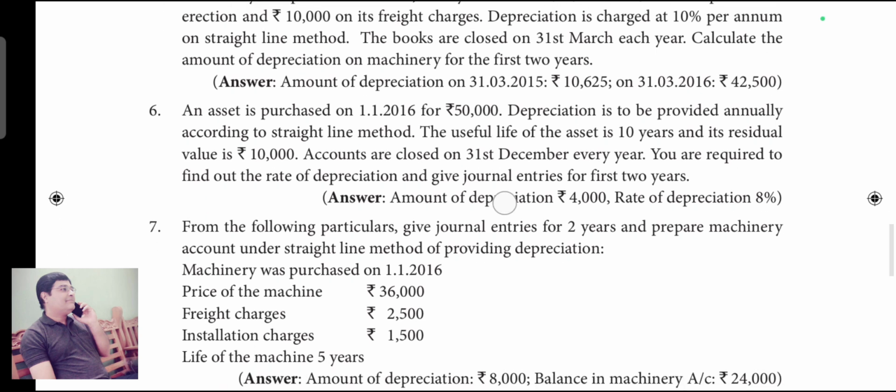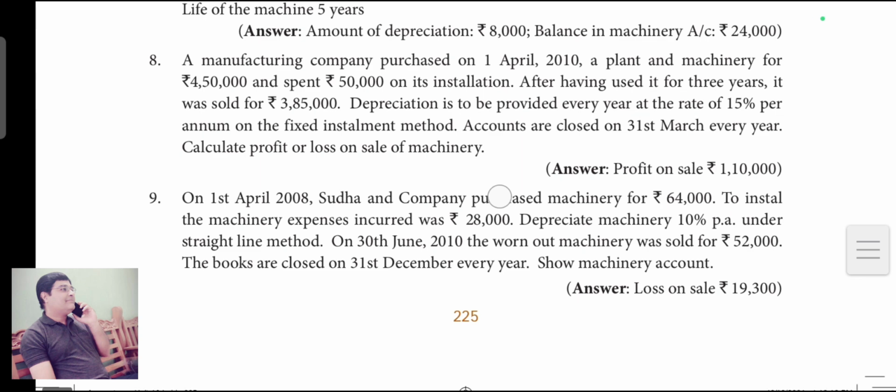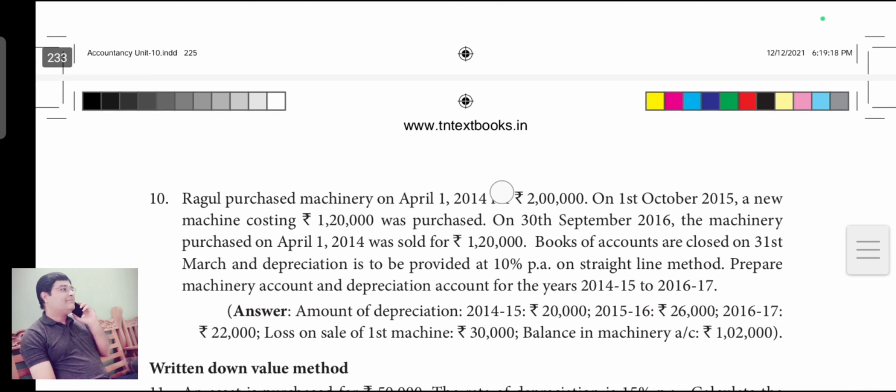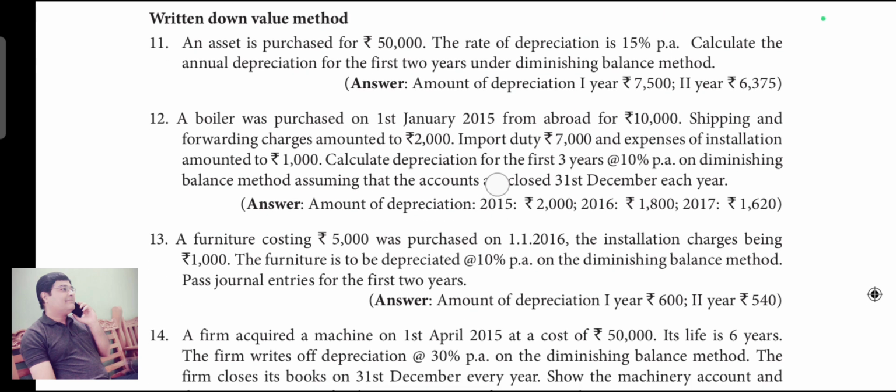Sometime it will also come in 5 marks. Five mark sum number 11, sum number 12 is 5 marks.